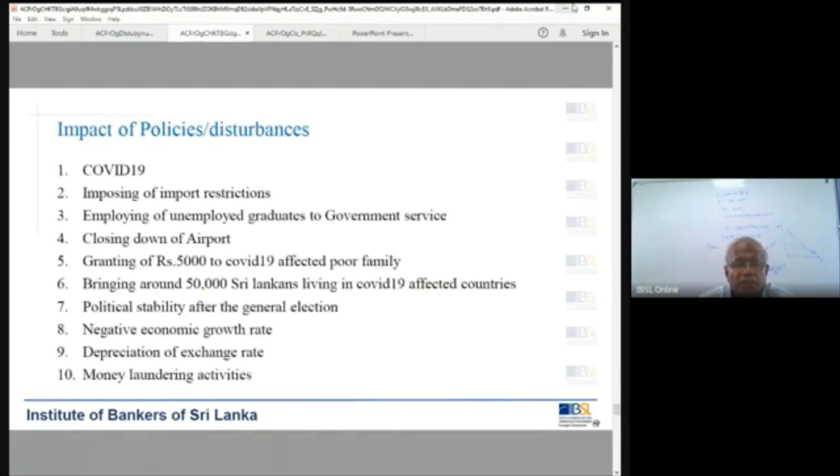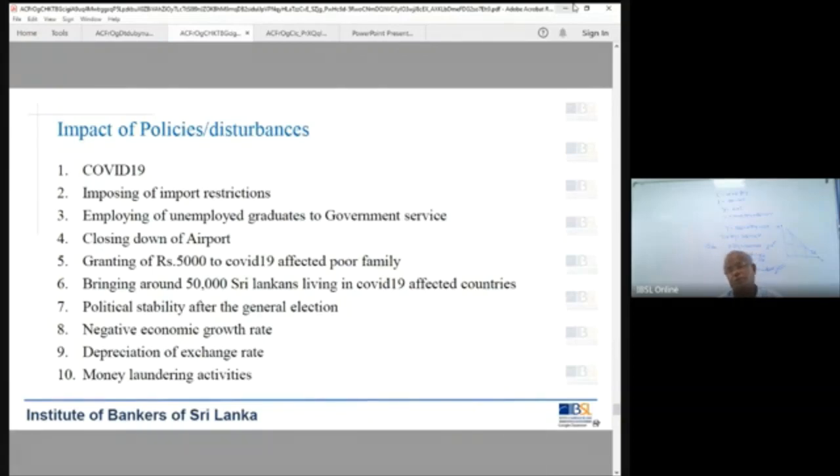Shocks, disturbances, COVID-19 impact on the economy, tourism sector, employment level, government budget, balance of payment, import trade, imposing of import restrictions. Because of COVID, the government was compelled to put some restrictions on the importation of goods and services, unnecessary goods and services.